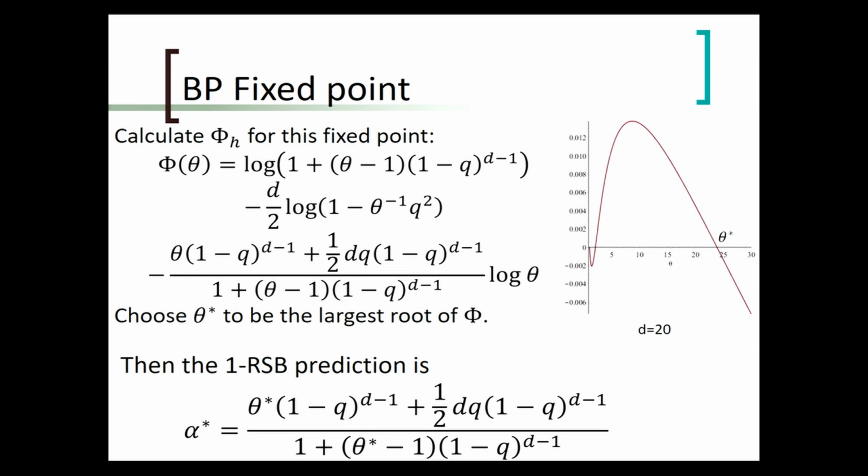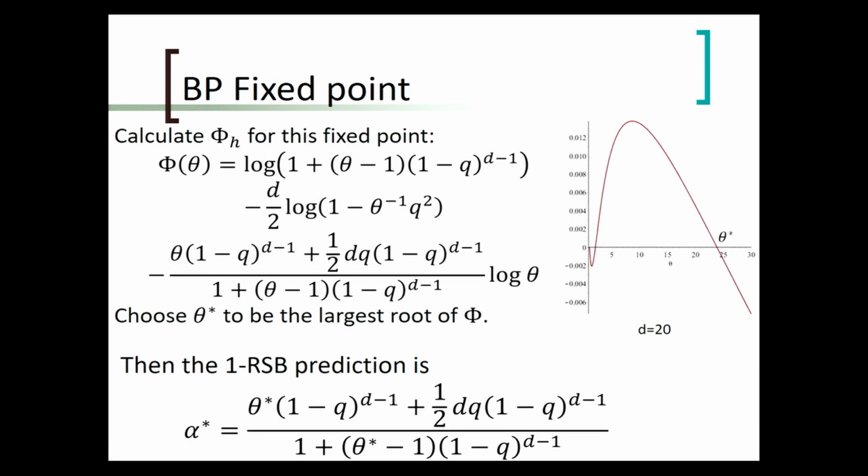And for each theta, you can also write down phi, which will be the partition function for that model. And then you want to look at the largest value of theta, which will correspond to the largest value of alpha, for which you actually see independent sets of that size. So you find the root of this equation, and then plug that in, and then this will be the formula. So alpha star equals this.